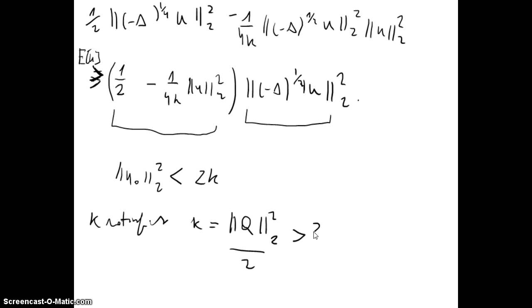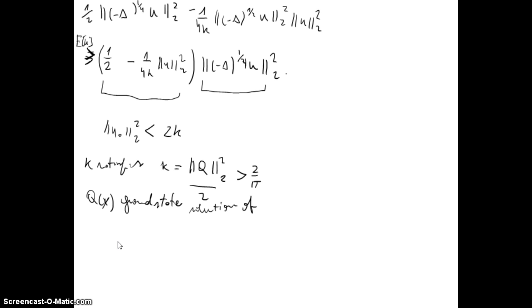This will be greater than 2 over pi, and this q will be a ground state solution of minus Laplacian q minus 1 over |x| convolution q squared, times q, equal to minus q.